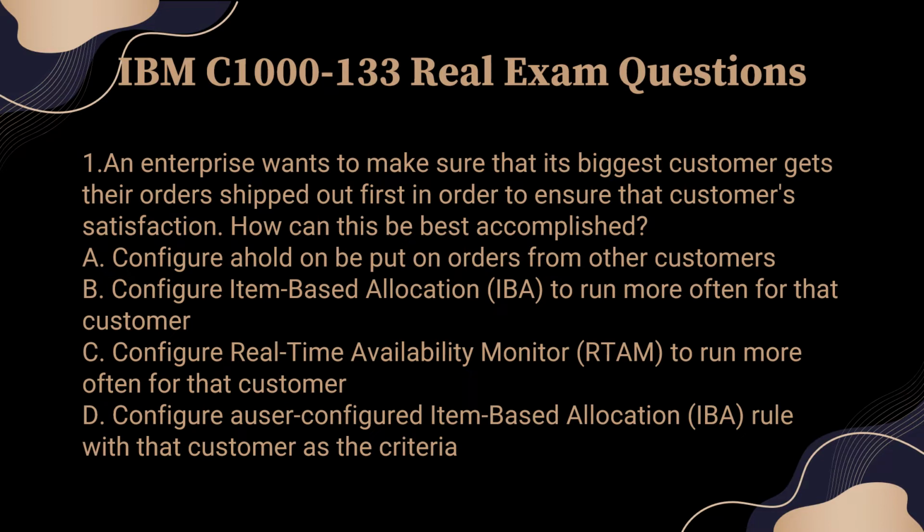B. Configure item-based allocation (IBA) to run more often for that customer. C. Configure real-time availability monitor (RTAM) to run more often for that customer. D. Configure AUS or configure an item-based allocation (IBA) rule with that customer as the criteria.